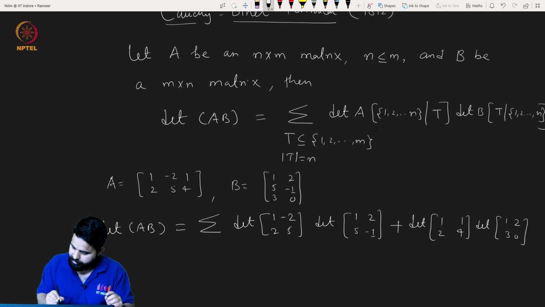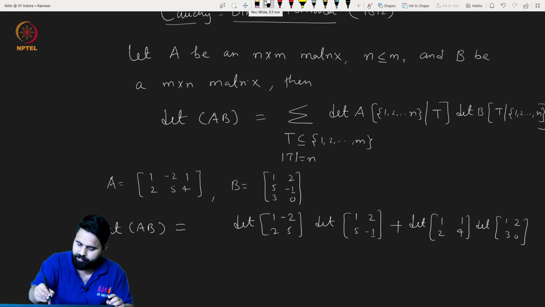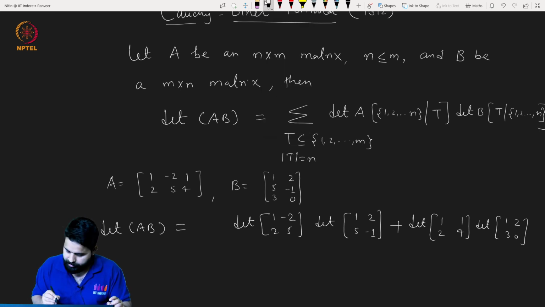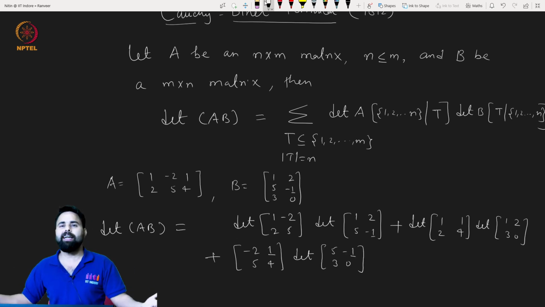The last term, for the subset 2 and 3, is the determinant of minus 2, 1, 5, 4 times the determinant of 5, minus 1, 3, 0. Just verify that this is correct.